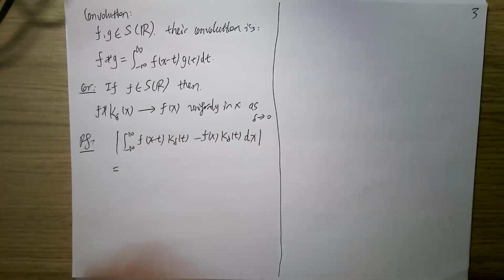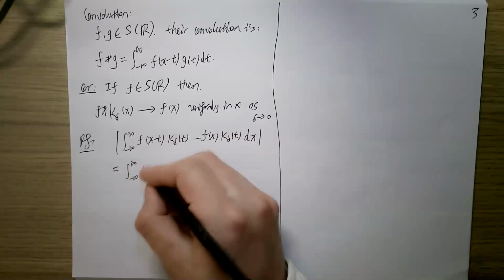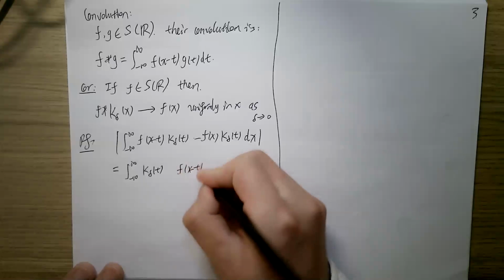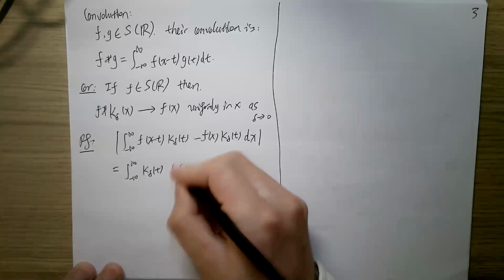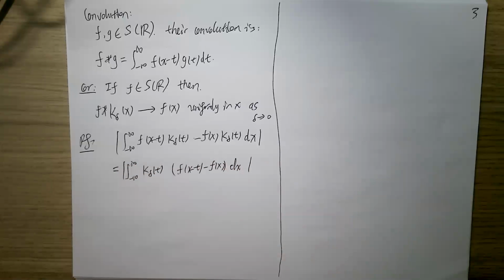Okay? So it equals the integral from minus infinity to infinity of K delta(t) times (f(x minus t) minus f(x)) dt. You want it to tend to 0 as delta tends to 0. Okay? So let's see why it tends to 0.